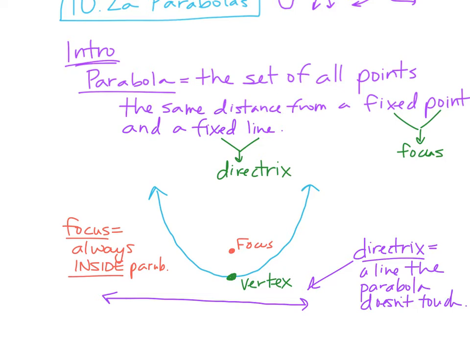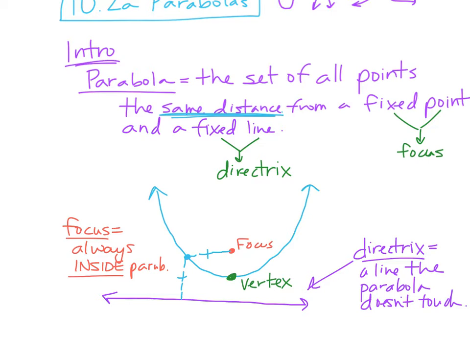Okay, and it says up here in the definition, it's the set of all points the same distance from a fixed point and a fixed line. So basically what they're saying is if I pick a point here, for instance, on my parabola, the distance to the focus and the distance to the directrix will be the same.